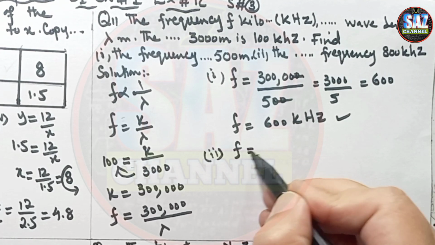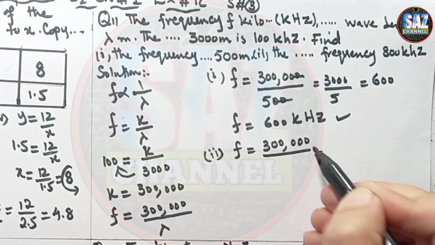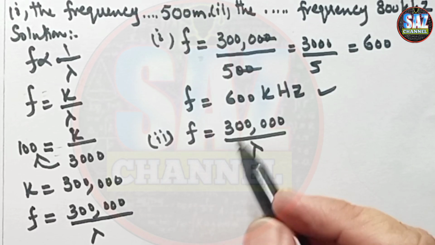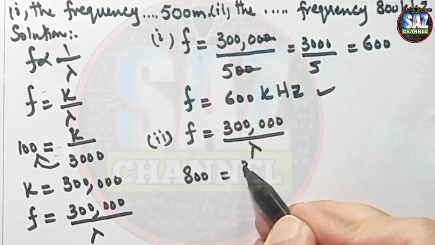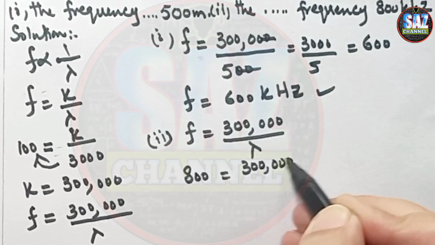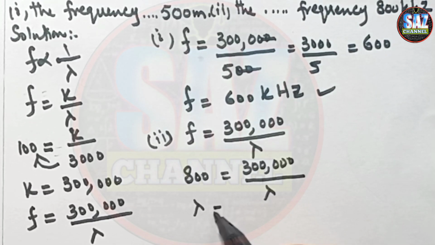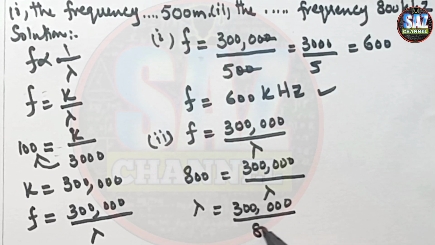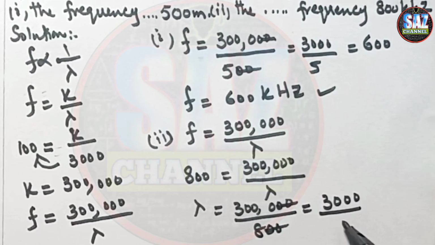Again we take the relationship f equals 300,000 upon lambda, and frequency will be replaced by 800 equals 300,000 upon lambda, and shift lambda to the other side. Lambda will be equal to 300,000 upon 800. Now these two zeros will cancel and I will be left with 3000 upon 8.